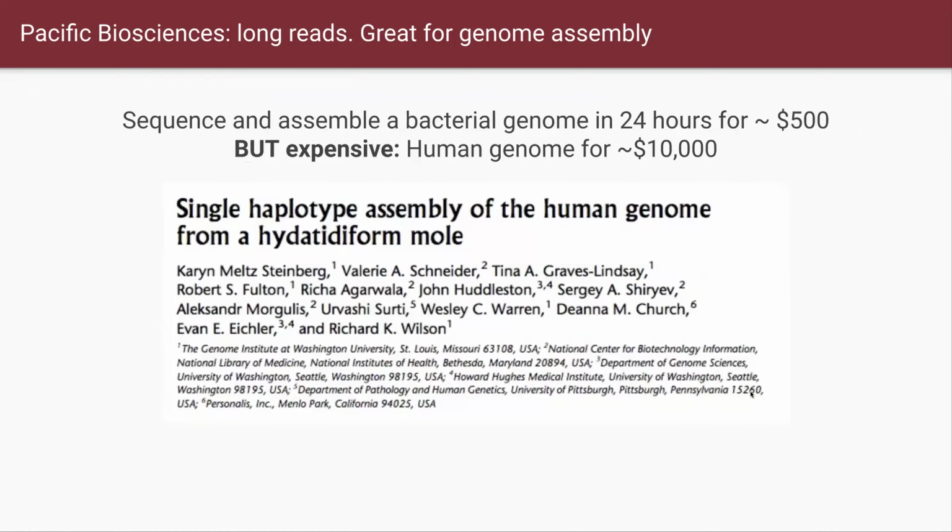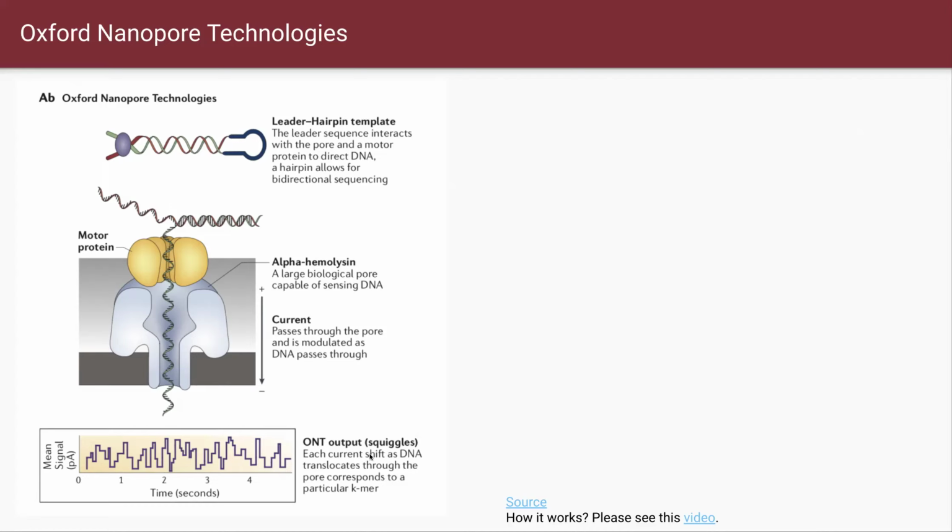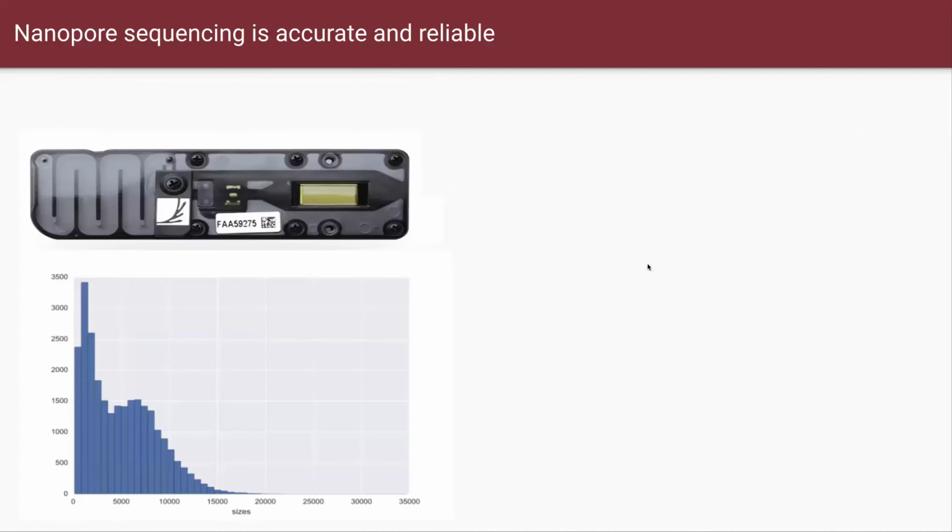Another technology is Oxford Nanopore. It also uses hairpin templates and a motor protein to read that information. But the difference is they are not measuring fluorescence, they are measuring the current shift, right? They have a unique current for A, T, G, and C, and they get that information, then they decipher the current and transfer it into sequence information.